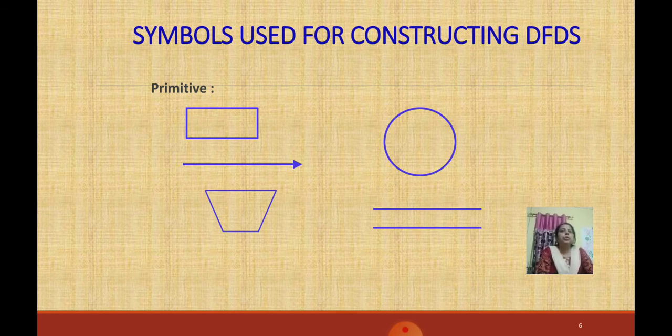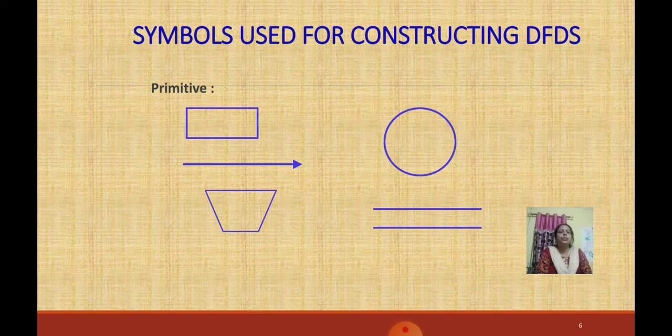Then symbols used for constructing DFD. These are the primitive symbols. The first symbol is the rectangle, which is used for an external entity, like a student or a member of a library. Then the circle is the symbol of process, like creating a new member, which can be represented through a circle.